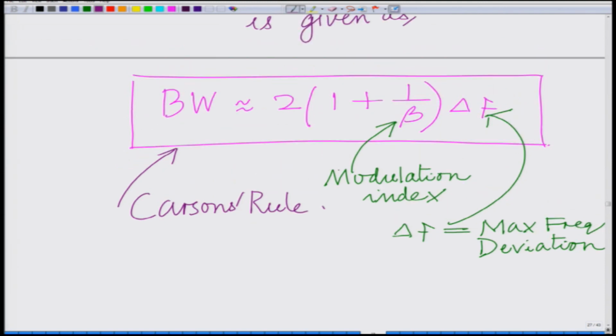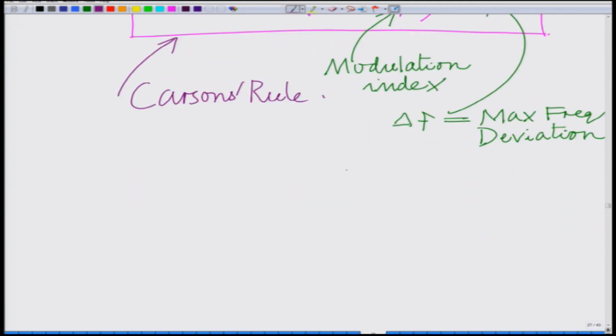Okay. Now, you can clearly see, if you take a look at this expression, twice (1 plus 1 over beta) delta f.